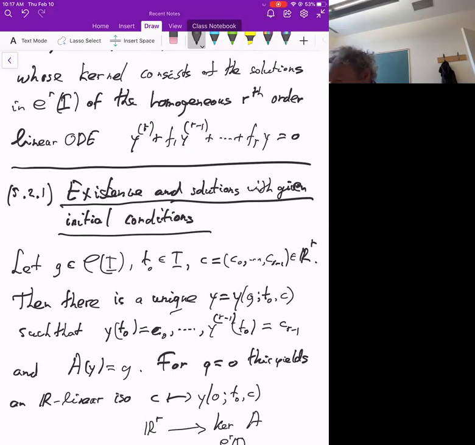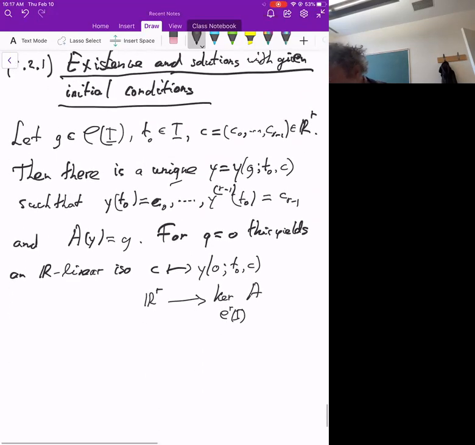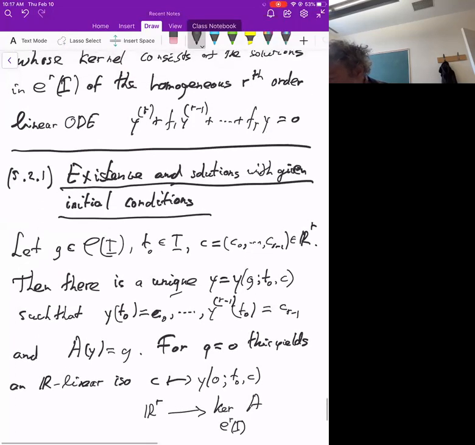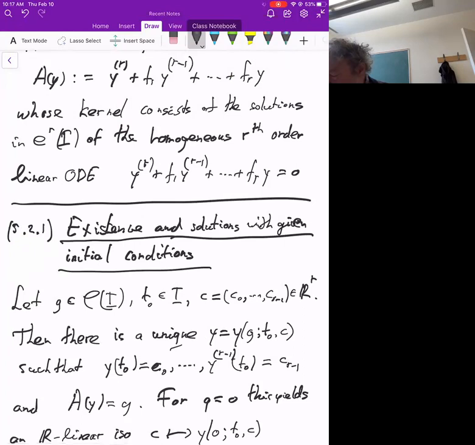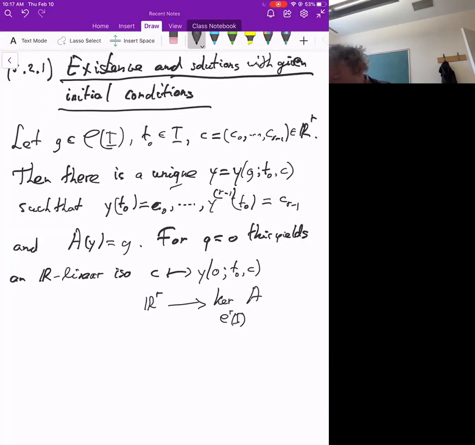But once it's R times differentiable, it will be R times continuously differentiable as well, because y^(R) is equal to minus f1 y^(R-1), etc. So that is really no restriction. That means, in particular, what I already said, that this kernel is finite dimensional as a vector space over R. Its dimension is exactly R.